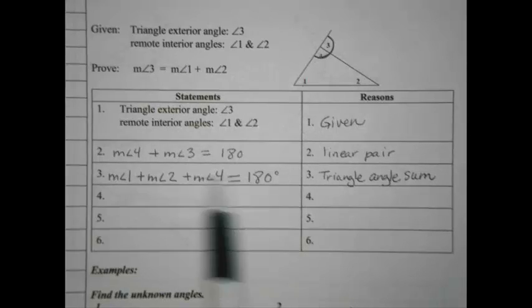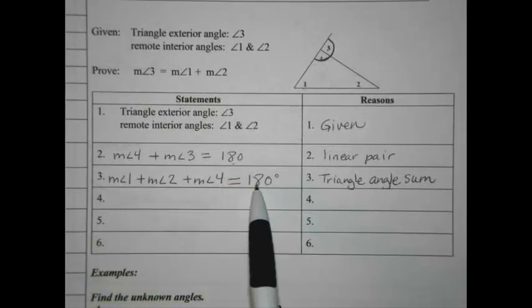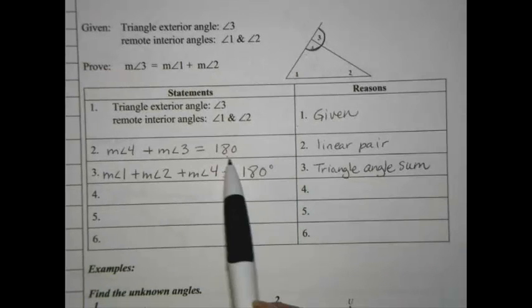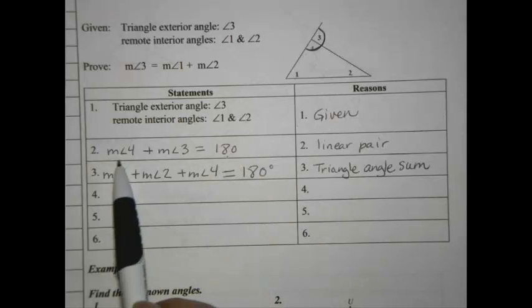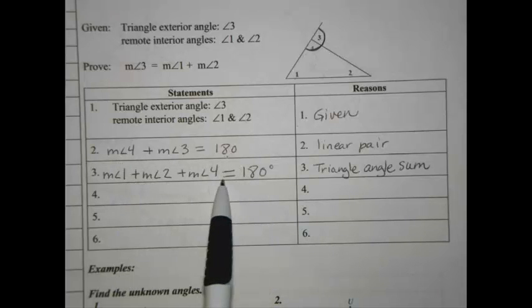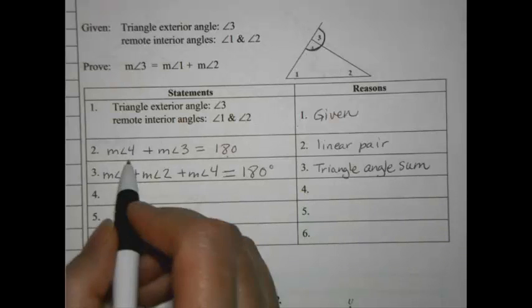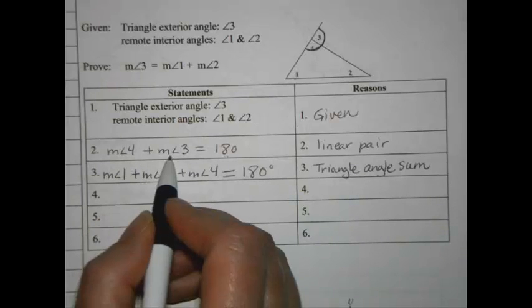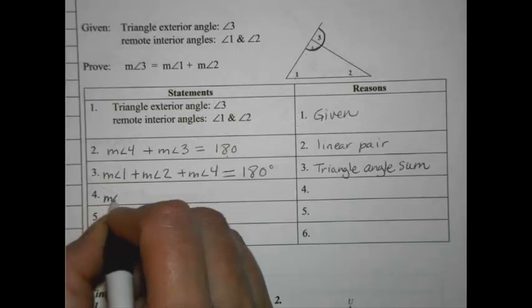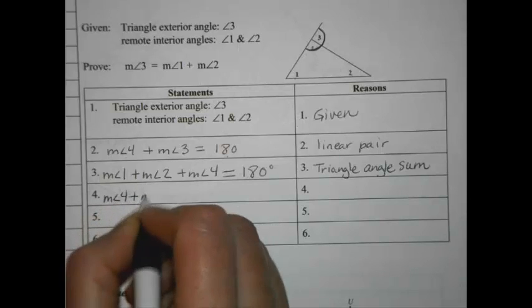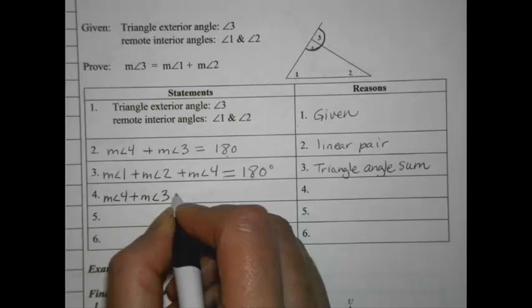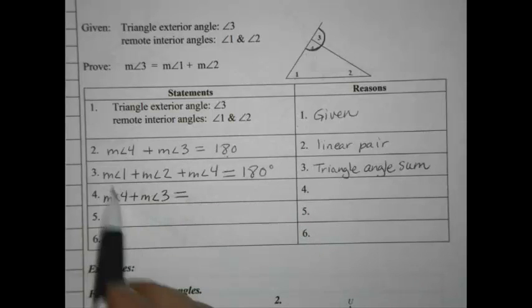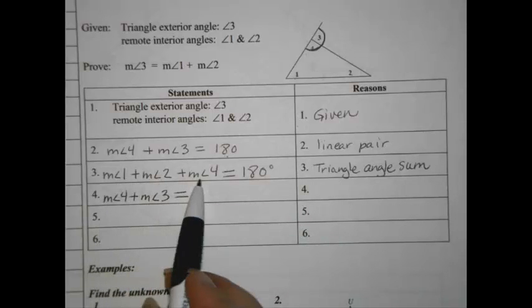All right, well, we just set up 2 equations and they both equal 180. We have a property that tells us that if they both equal the same 180 total, then they equal each other. Now, this is going to be kind of long, so write small. What I'm going to say is my angle 4 plus my angle 3 on this equation, that equals the same thing as if I were to add all 3 of these angles together.